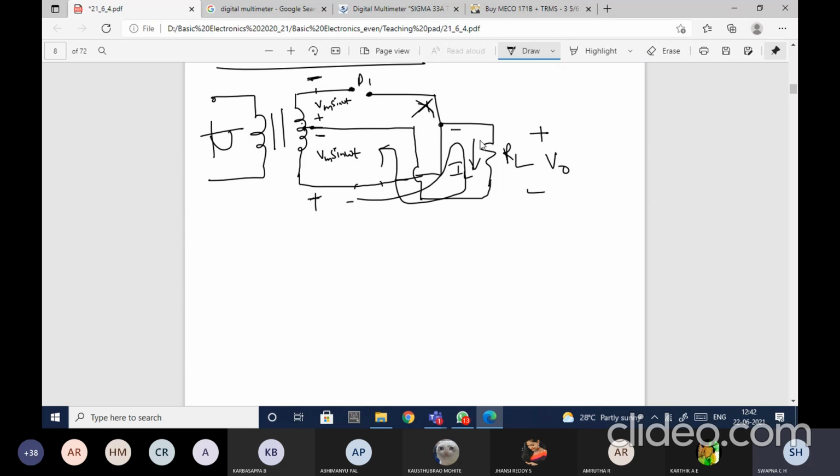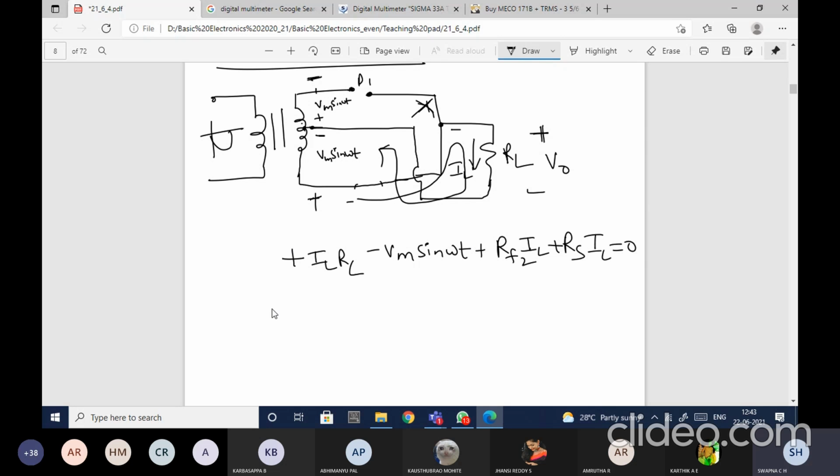As I'm moving in the clockwise direction, the first symbol is plus, so plus ILRL. The next element is minus Vm sin omega t, and as I've always mentioned, there might be some forward bias diode resistance RF2 into IL, plus the secondary of the transformer resistance RS into IL, is equal to 0.